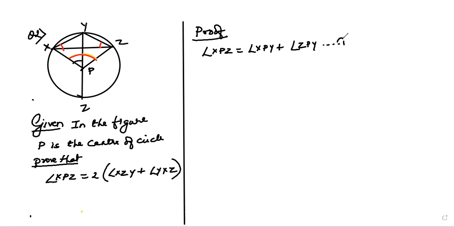Statement number 1, reason: angle addition property. It's not difficult, children, but a little challenging for your minds. Angle XPZ I showed as a sum of two angles, but I want twice angle XZY plus twice angle YXZ.